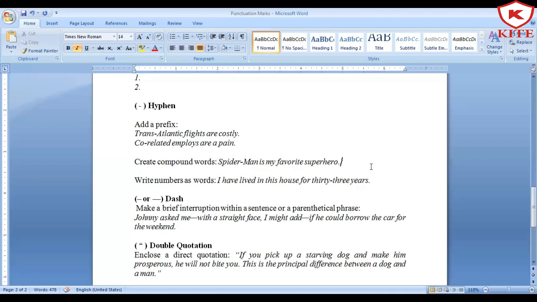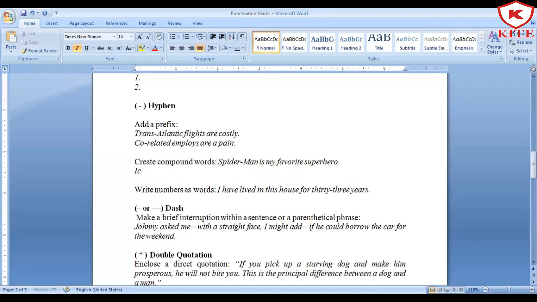The best example again would be ice-cream. This is a compound word and we have joined ice and cream by putting a hyphen in between. There is one more word, earring. You can also write earring, but you can also separate the two words, ear and rings, by putting a hyphen in between.